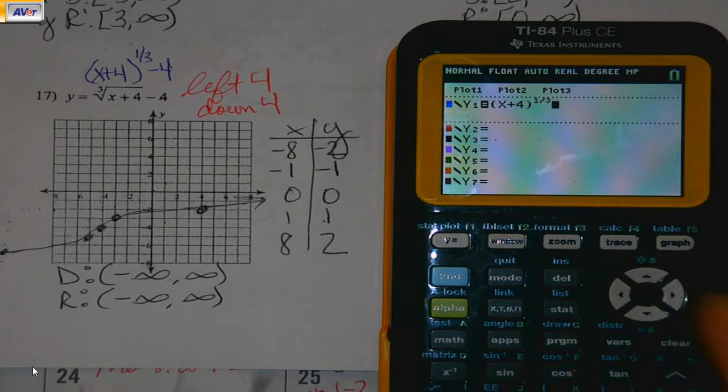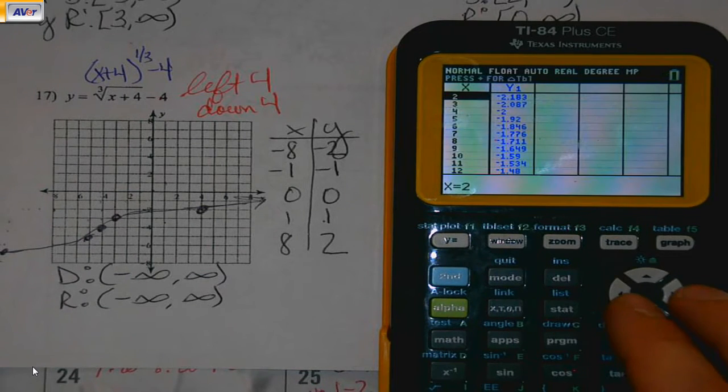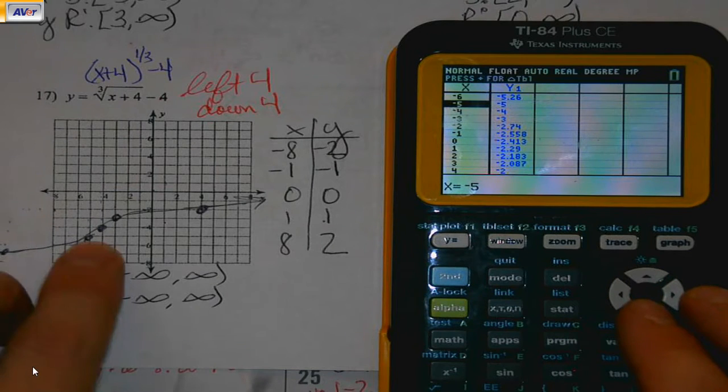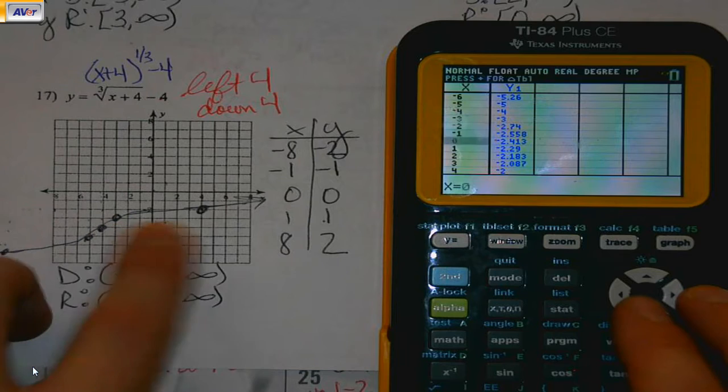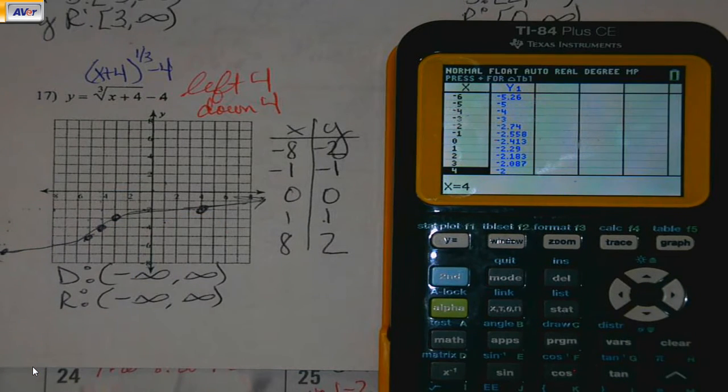And then just make sure the -4 doesn't end up in your exponent. And you'll end up with the same points. -5, -5, -4, -4, -3, -3, and 4, 2. And you're set.